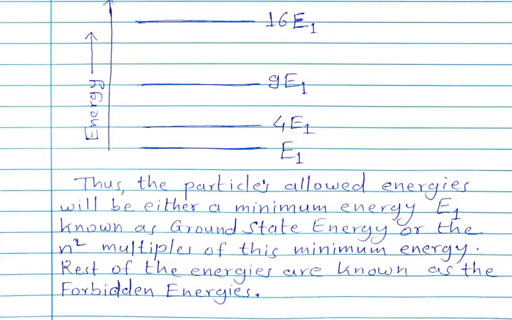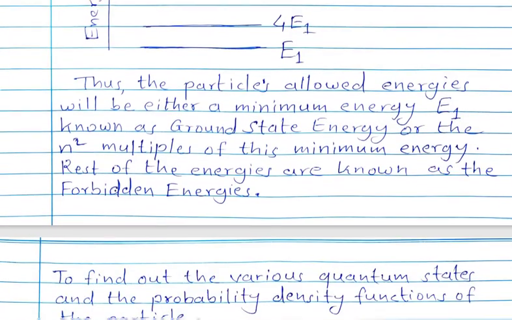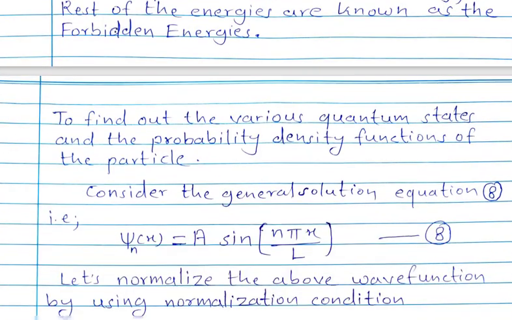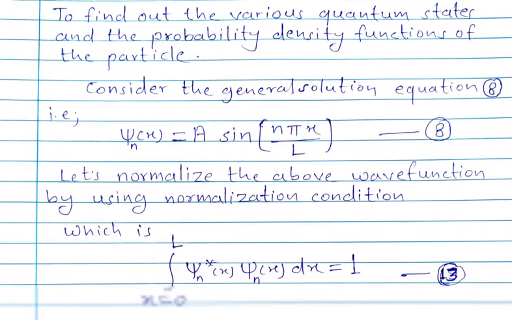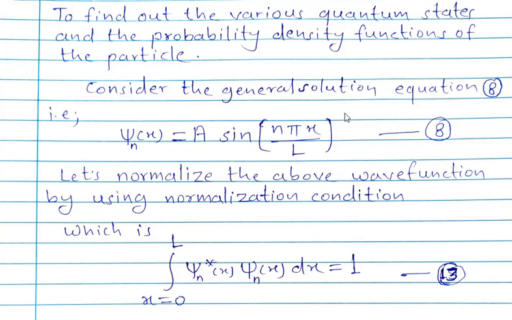Now moving on to the next important part of this particle confined inside a rigid box, which is its wave function, or its nth state wave function, which represents the possible quantum states of the particle, and also we are interested in finding the probability density functions for the particle.